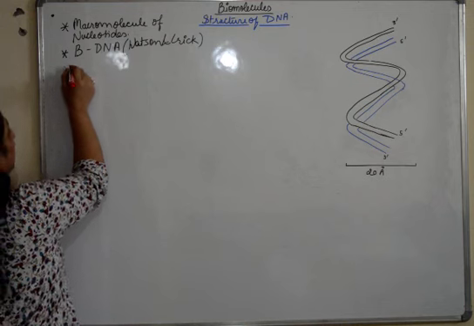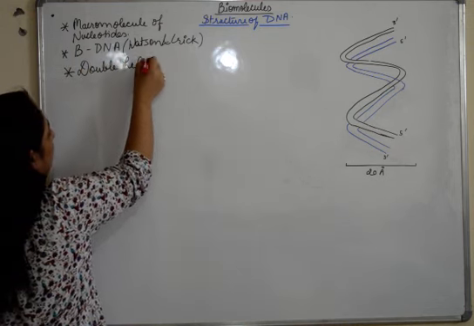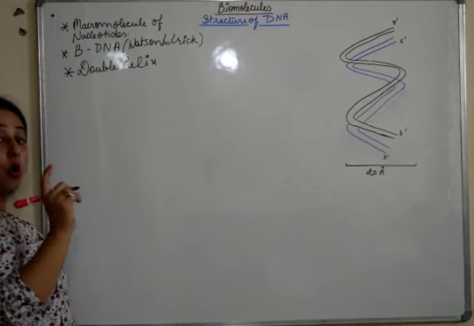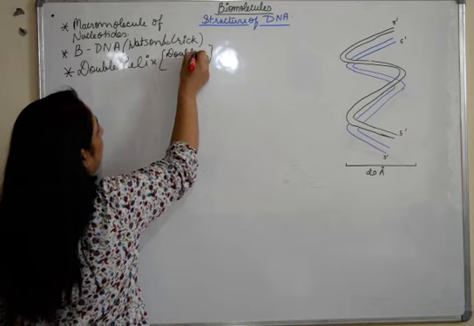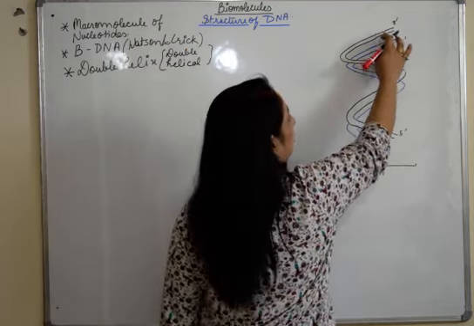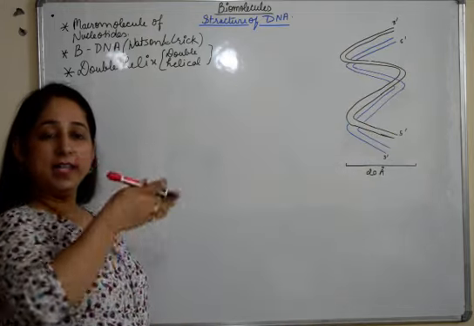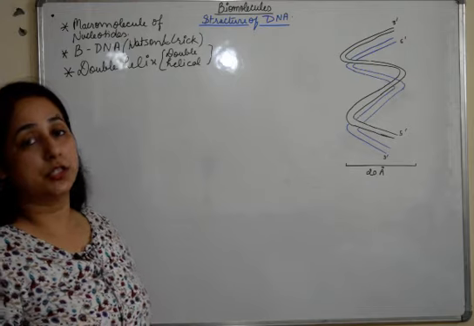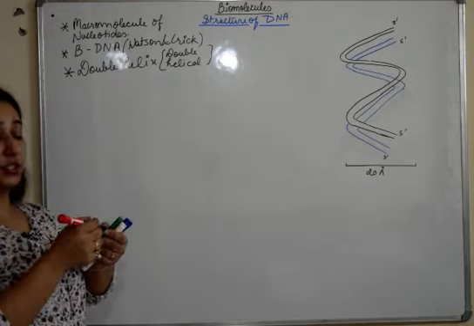This DNA structure is known as a double helix structure, or you can say it is double helical. As you can see here, there are two strands in a helical arrangement. So that's why it is known as a double helix structure.